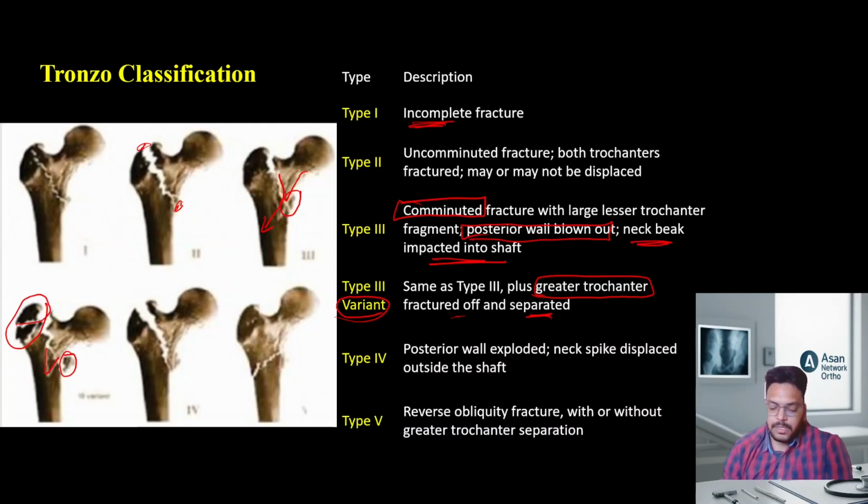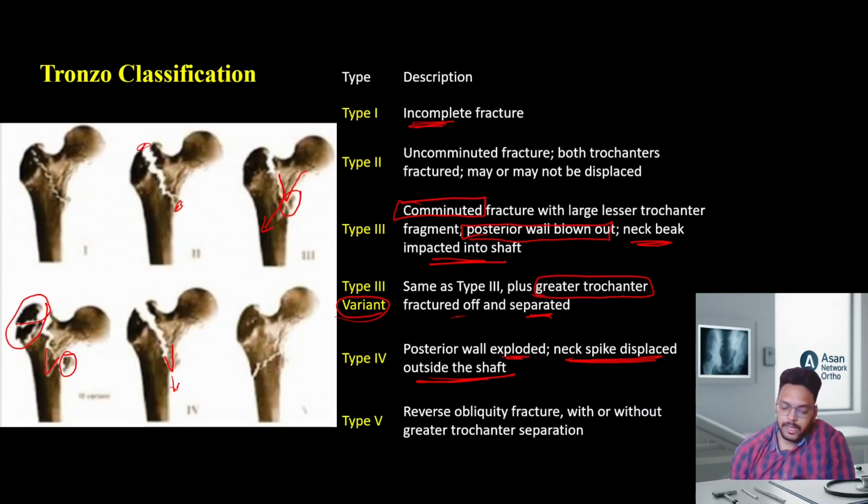Then type 4 is where the posterior wall has been exploded and the neck spike is displaced outside the shaft. You have to note this: the neck spike is displacing outside the shaft. When it is going inside the shaft, it is type 3. If the neck spike is going outside the shaft, it is type 4.